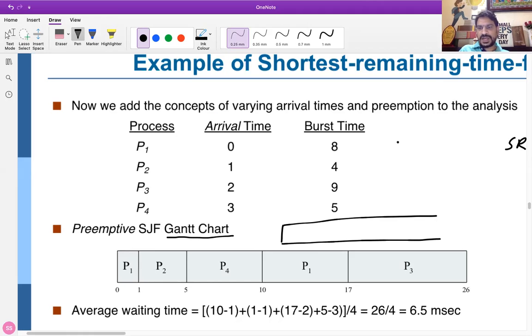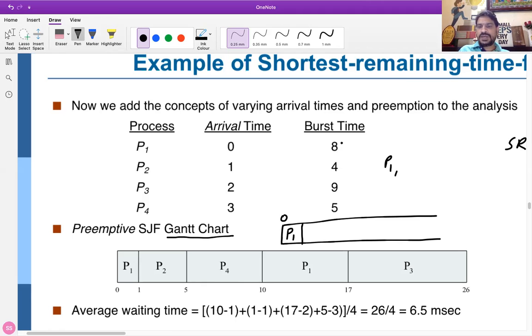Now let's see at time t0, the zero time. What are the processes that are available? At that time, we have only one process available. If we have only one process available, we don't have any other option. At time t0, we have to put P1 into the CPU, because only P1 is available.